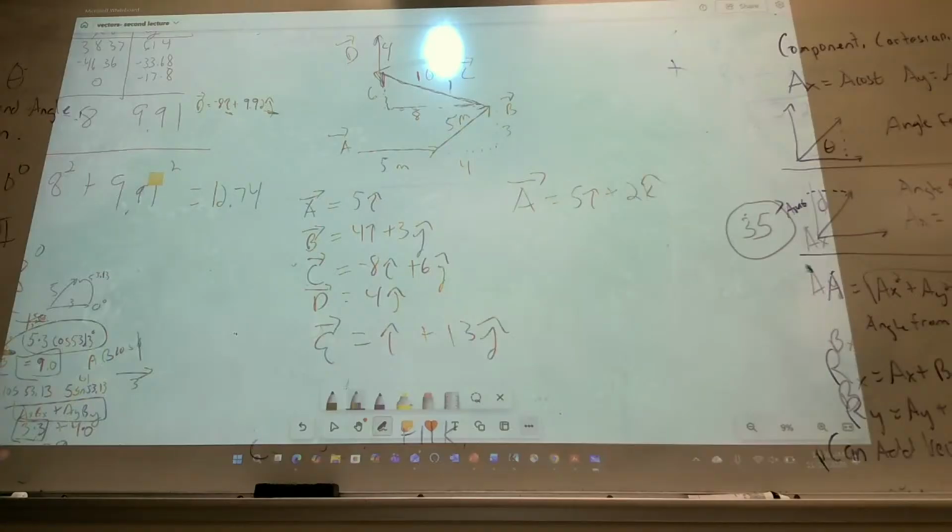Okay, now when we use 30, that's our reference angle, right? Now, when you do B, you're going to have to put your negatives in, right?